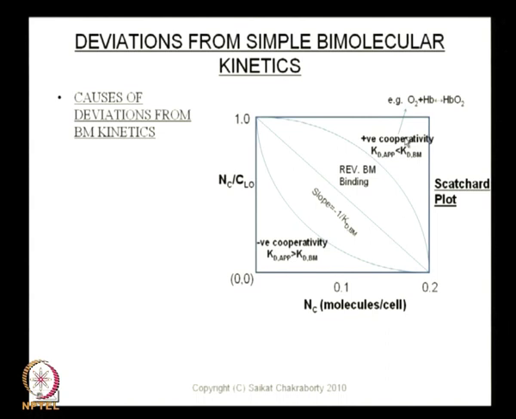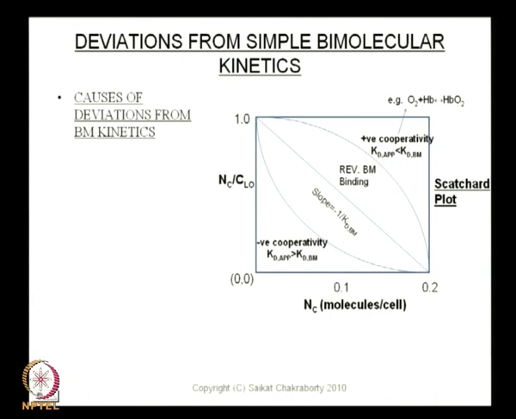Is that clear? Because dissociation is backward over forward. So, if the backward rate constant is lower than the previous case, then dissociation is less favored and association is favored, that is, binding is favored.